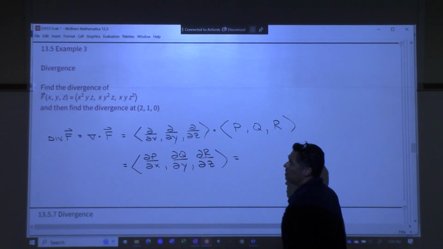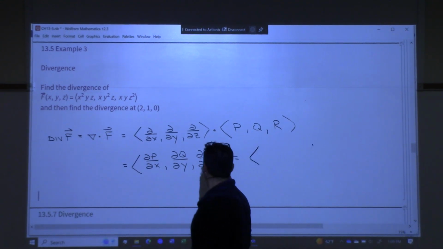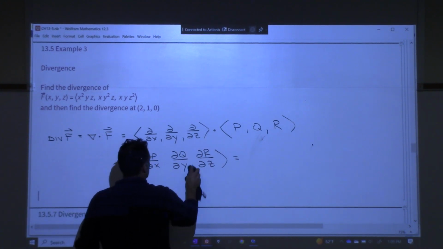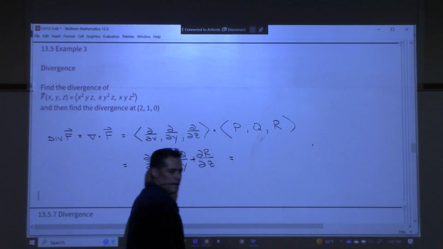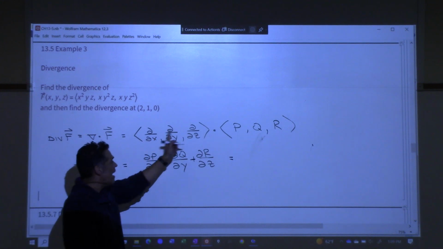And now for this particular example, let's do these partials. This is a dot. Plus equals. All right, when you dot them, you add each one up.